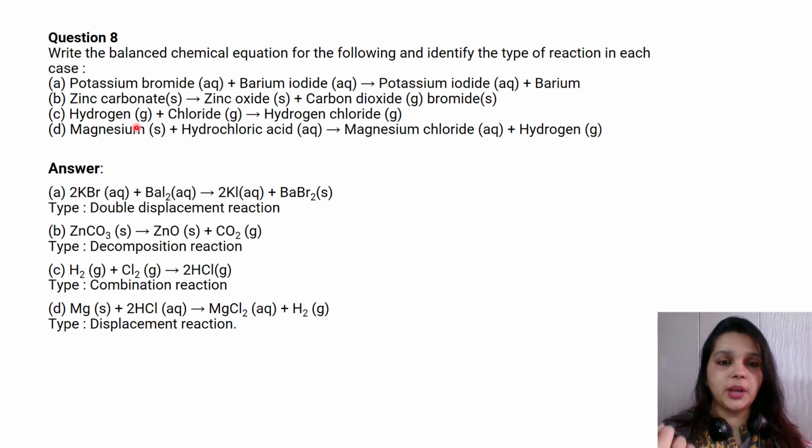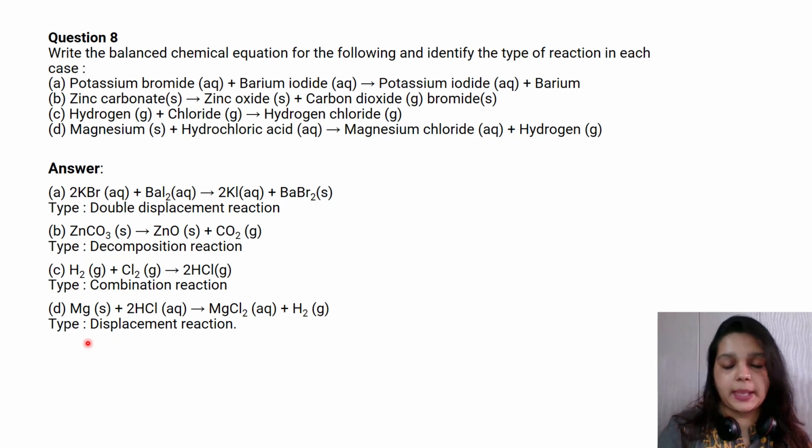Two reactants forming one product, a combination reaction. And magnesium plus hydrogen chloride giving us magnesium chloride and hydrogen. So the Cl is moving with magnesium and forming MgCl2, leaving the H2 behind, a displacement reaction. Good.